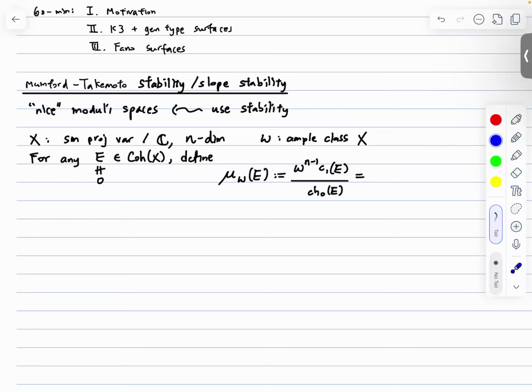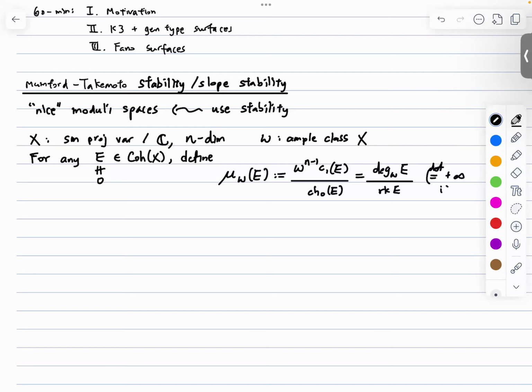Sometimes we call the number in the numerator the degree of the coherent sheaf with respect to the ample class we are fixing, and ch_0 we sometimes write as rk for rank. If the coherent sheaf happens to have rank 0, then we just define this number to be positive infinity.